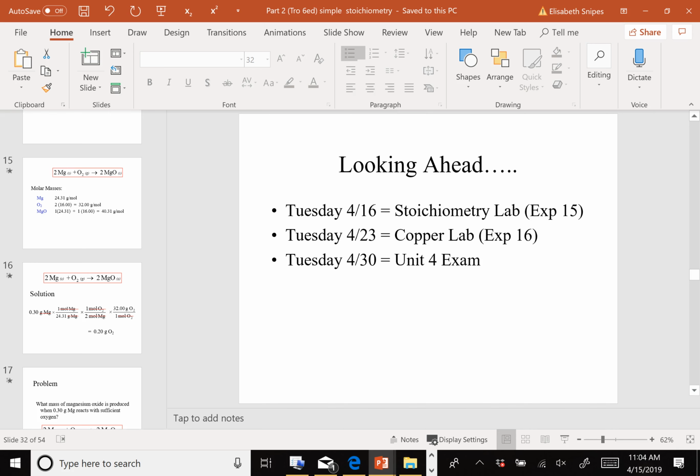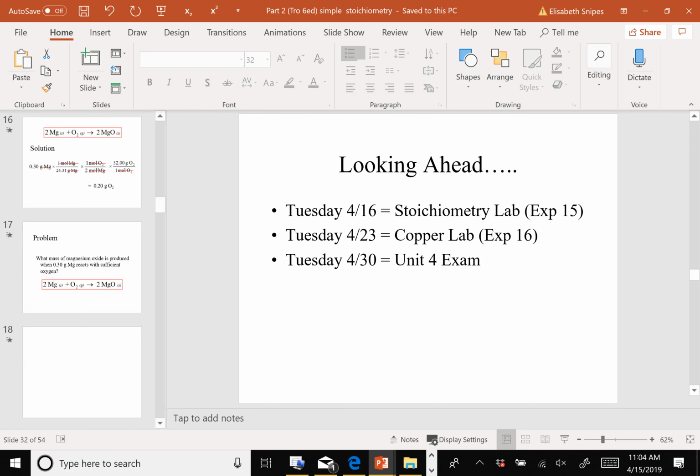We actually went from 0.30 grams of magnesium to sufficient, we'll talk about what this means more on Wednesday, sufficient amount of oxygen, and we said that would give you 0.50 grams of product.